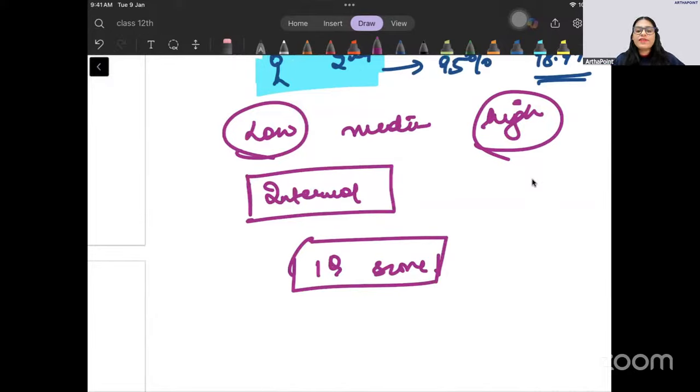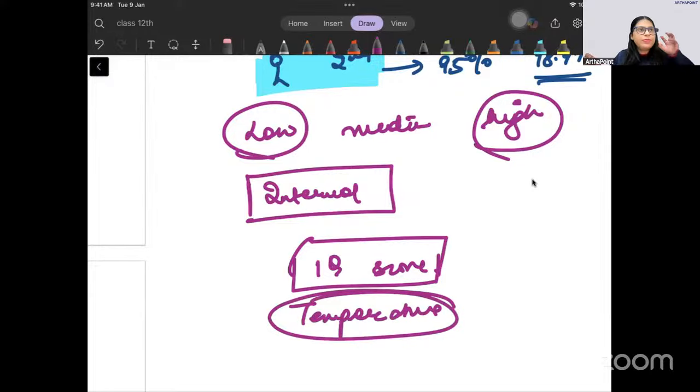When I tell you the temperature, I can tell you the difference between the temperature in Delhi and Bombay, how much difference there is. So we can measure the difference, and the difference is meaningful. The difference means something, right? So this is what is called the interval scale.